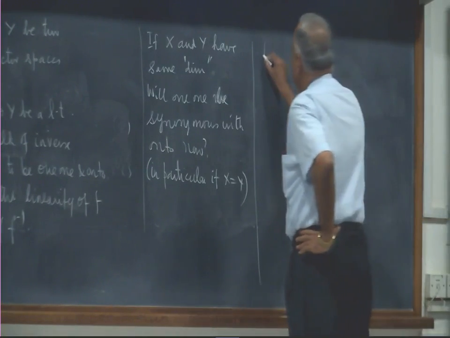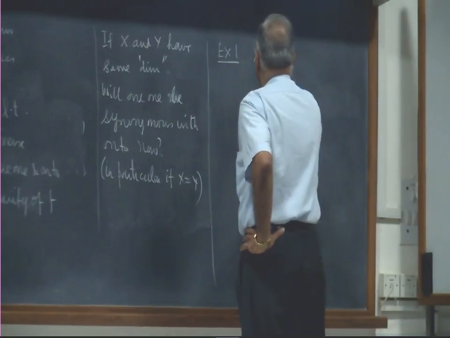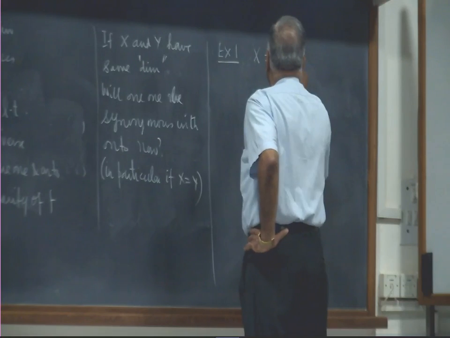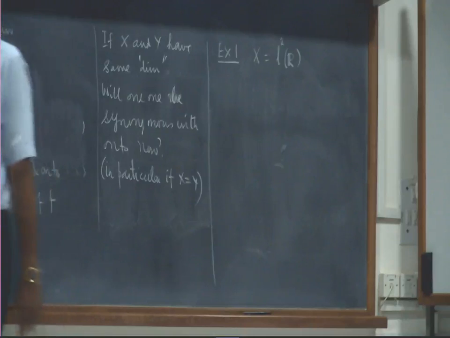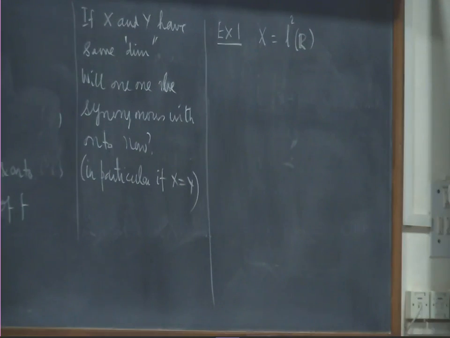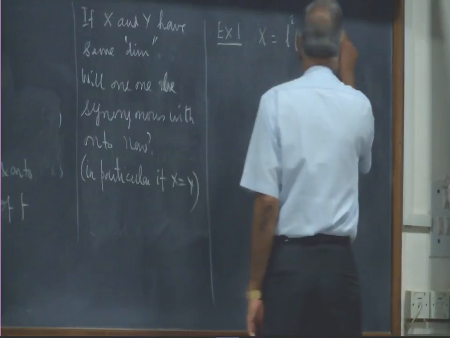So let us take example 1. Let us take x to be our L2R. This is the infinite sequences such that the sum of the squares of the components is less than infinity, and take that to be equal to y.